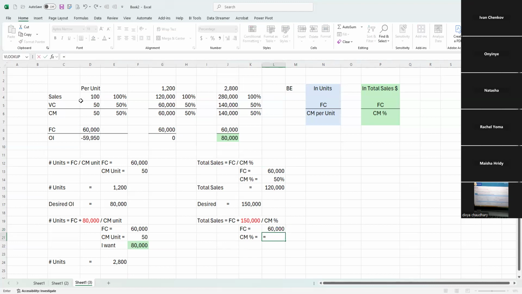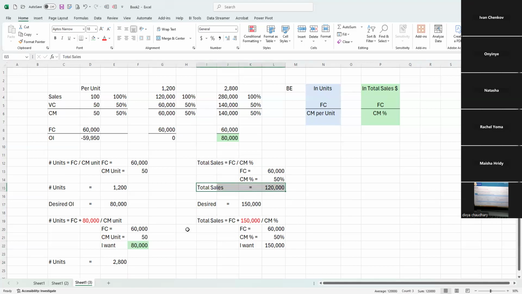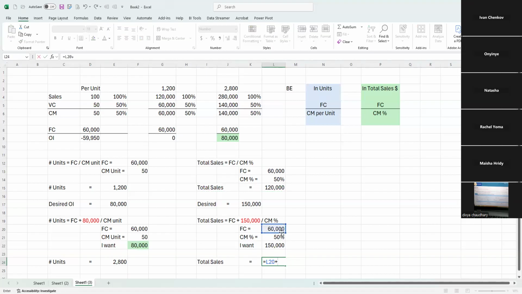Contribution margin ratio, I know it's 50%. I want 150,000. So how much will my total sales be? Total sales equals 60 plus 150, divided by 50%.